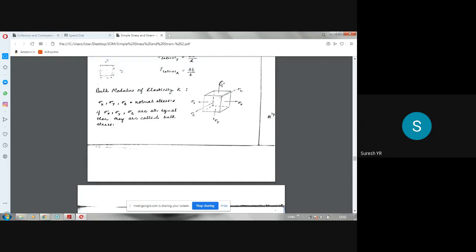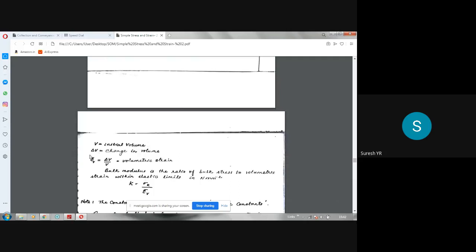So these tensile stresses will develop only when tensile force is applied in all these three directions. Then what is the effect of that? If V is the initial volume, delta V is the change in volume. So we have to take care of volume now. It is not only length. So it expands in all the three directions. Along the length it expands, along the width it expands, along the depth also it expands. So that's why we have to take the change in volume.